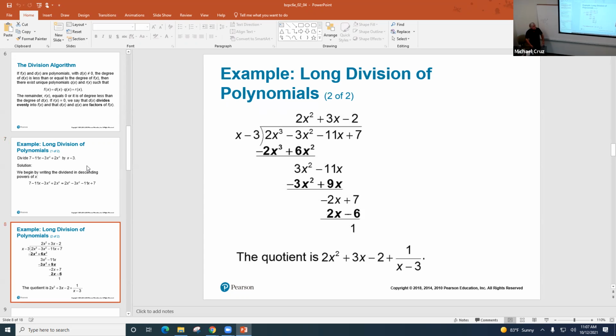All right, so the way it works is slightly different than this because you don't have a variable when you're doing this. But what you do is you take your x into the 2x cubed.